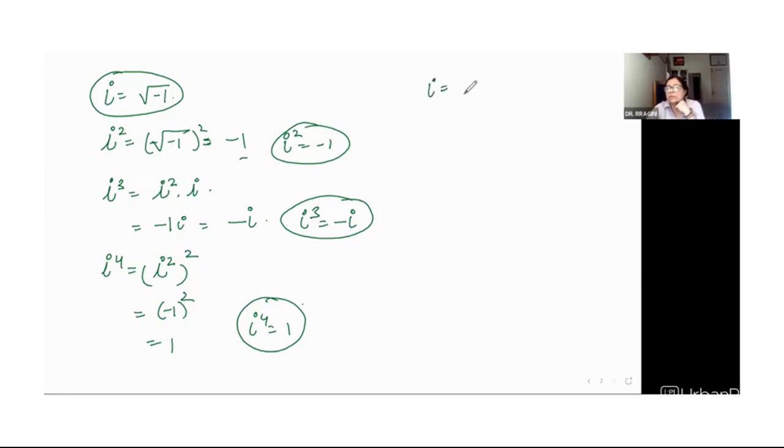So i to the power n is a positive number. Here we have a negative number. Here we have negative i. So n equal to 4 is the least value of n for which you get a positive value. Right? So here you need to learn how to, let me take one question to simplify.